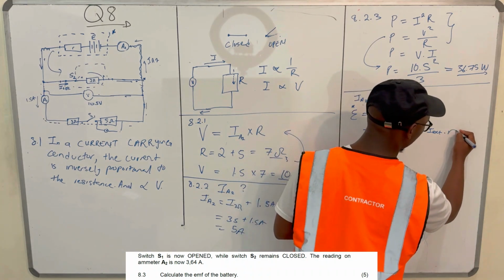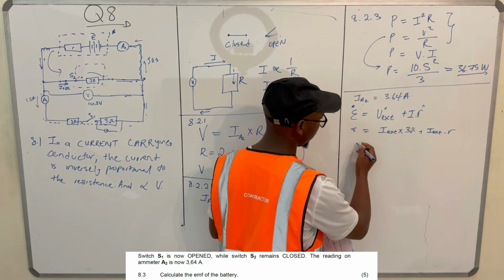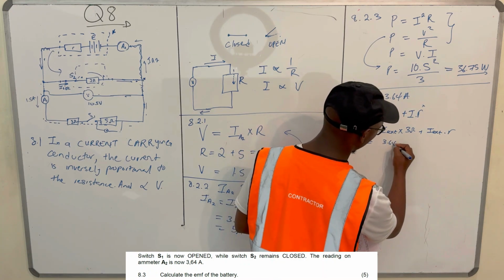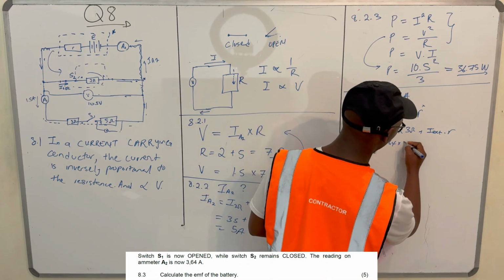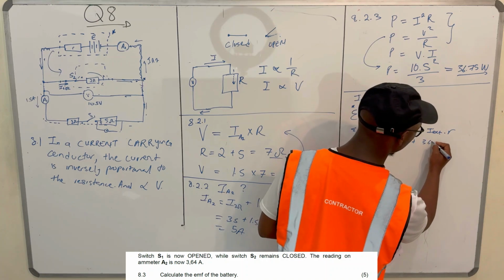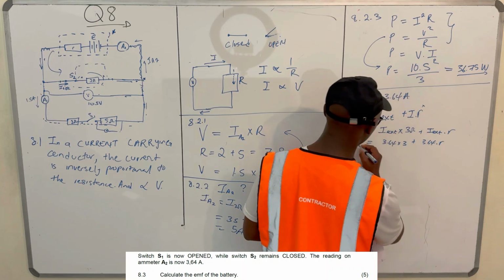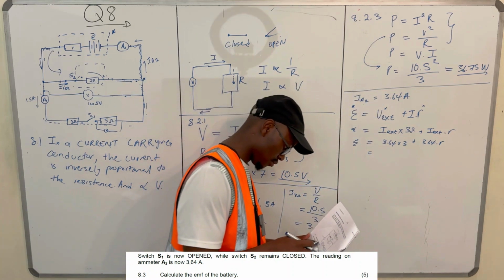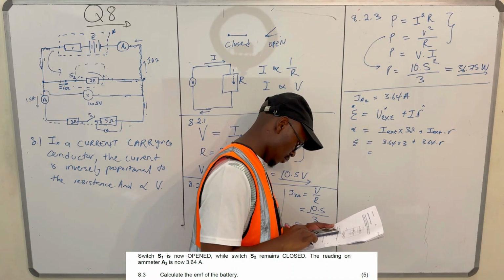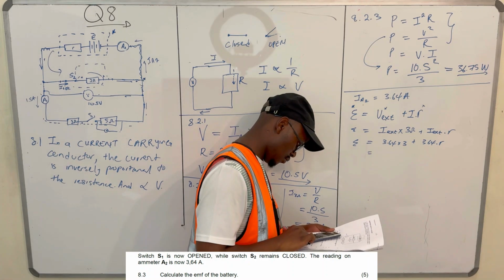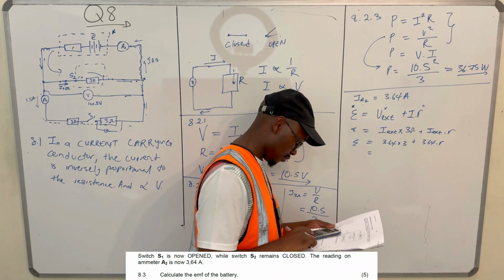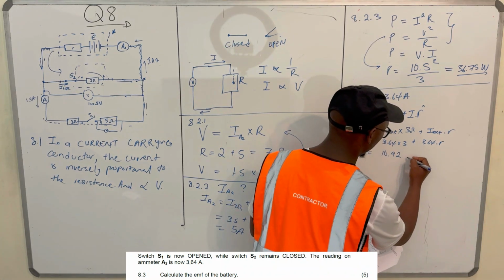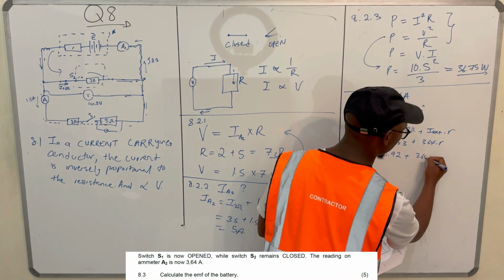We say this multiplied by R. Okay, we're looking for E. If we substitute here, we have 3.64 multiplied by 3 plus 3.64 multiplied by R. And this is going to give you E equals 10.92 plus 3.64 R.